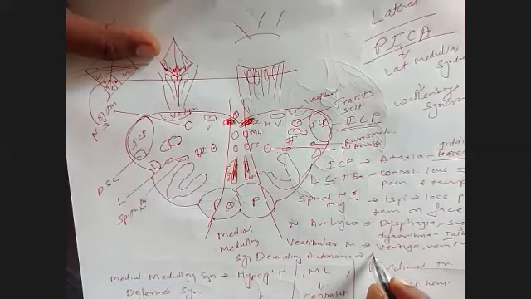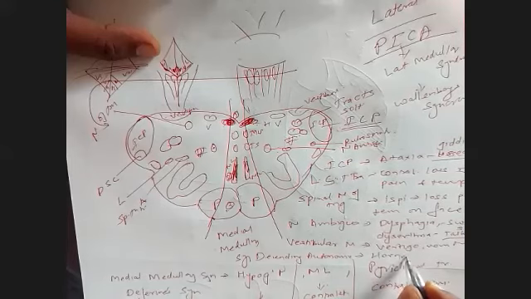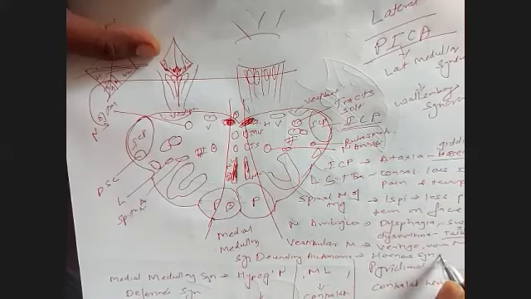Damage to the descending autonomic fibers leads to Horner syndrome. You know that there is ptosis in Horner syndrome, and then there is anhidrosis, no sweating. Many other things are there: enophthalmos, miosis, loss of the ciliospinal reflex.